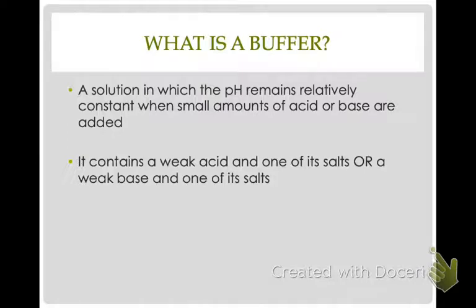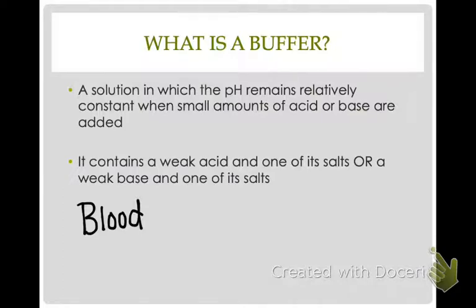One important buffer system that our bodies rely on is the buffers in your blood. Your blood's pH is between 7.35 and 7.45, and your body wants to keep the pH in that range. So there are buffer systems in your blood that keep the pH consistent.